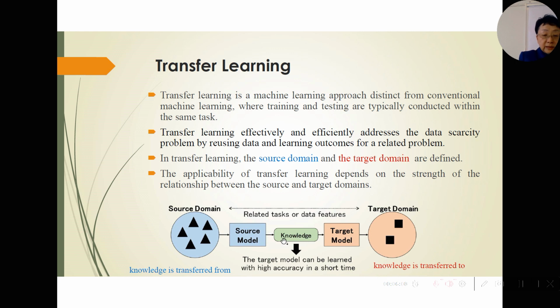In transfer learning, the source domain means where knowledge is transferred from, and the target domain means where knowledge is transferred to. The applicability of transfer learning depends on the strength of the relationship between source and target domain.